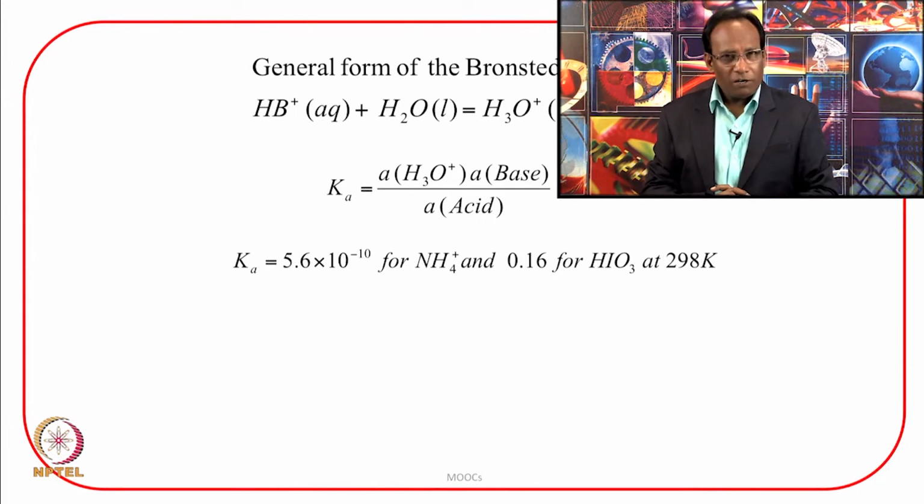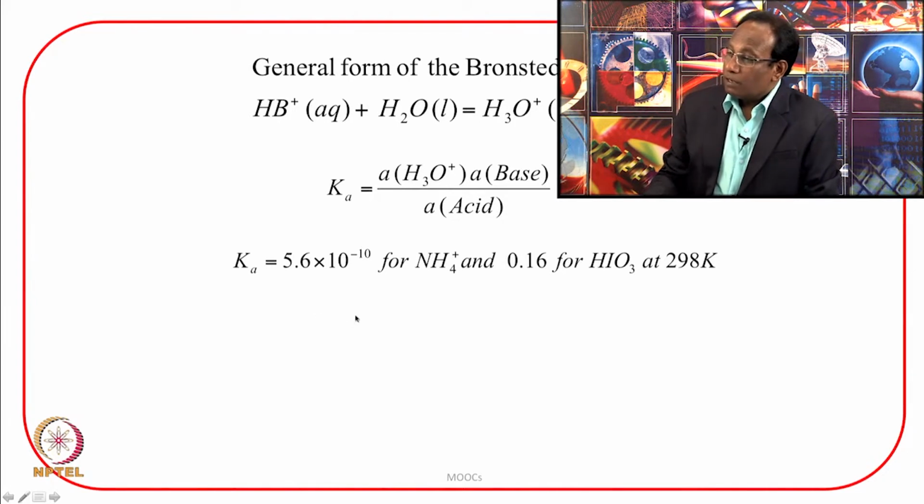Please recall the Van 't Hoff equation: whether the equilibrium constant will go up or go down in its value with increase in temperature is decided by the exothermicity or endothermicity of the process. So, going back to the slide, the values of Ka have to be given at a particular temperature, because this Ka is an equilibrium constant and therefore, it is temperature dependent.